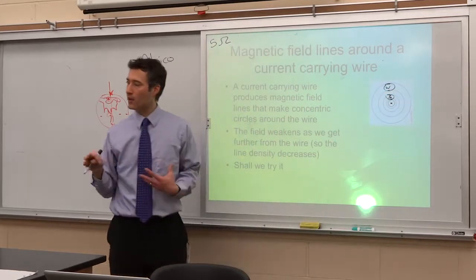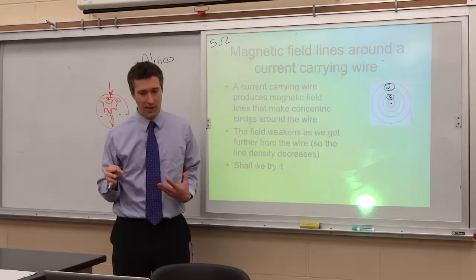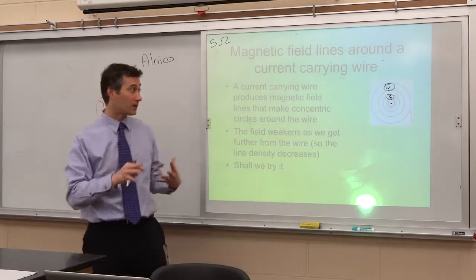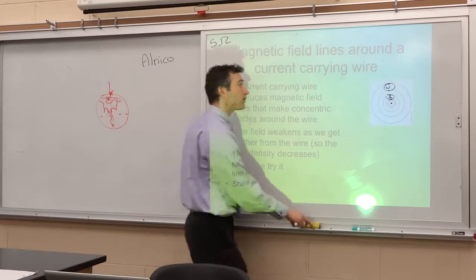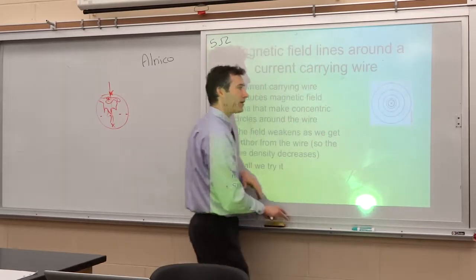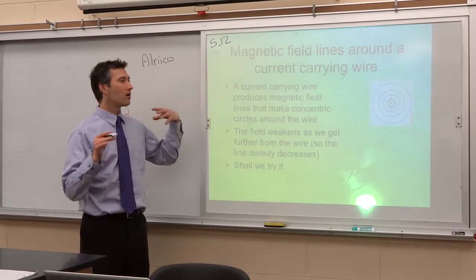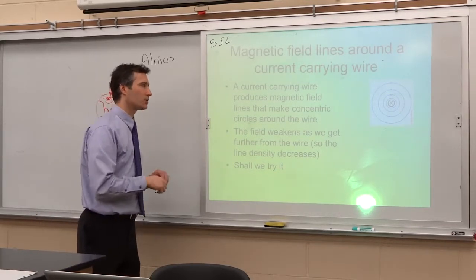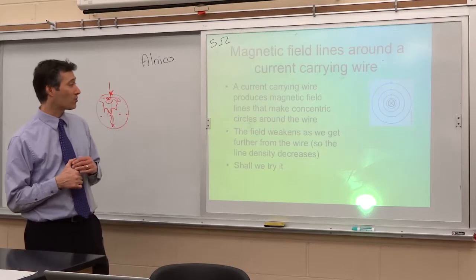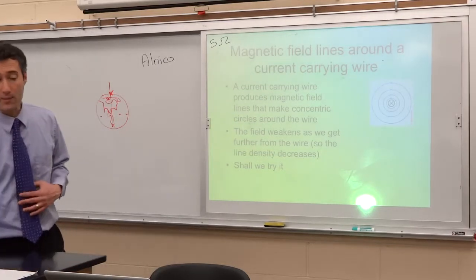And just like for electric field lines and gravitational field lines, it is the field line density that tells us something about the strength. So the two really important features of the magnetic field around a wire is that the field lines get drawn as concentric circles, and the circles get spaced out more and more as we move away from the wire.